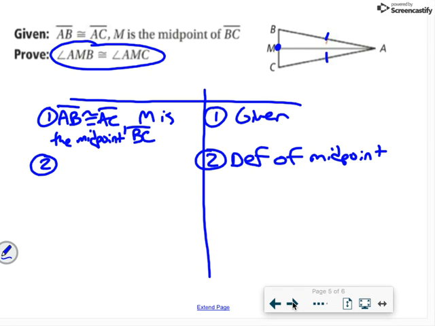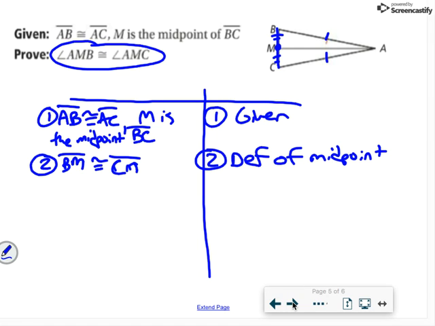Well, if M is the midpoint of BC, that means BM and CM should be the same length. So BM should be the same as CM.